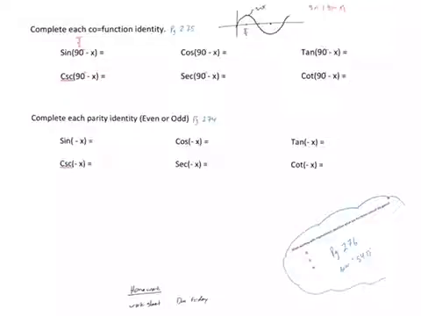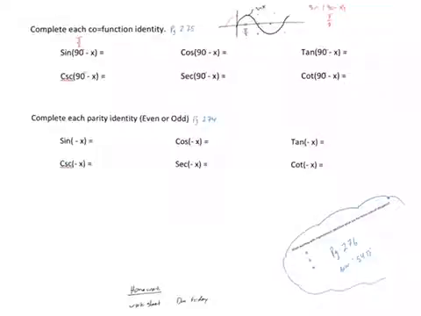Well, that is just going to be a shift to the left. So think about, instead of being at the origin, it's going to be over here at negative 90 or negative pi over 2. Instead of being at the peak at pi over 2, it's going to be the peak right here. So these are going to be moved like this.